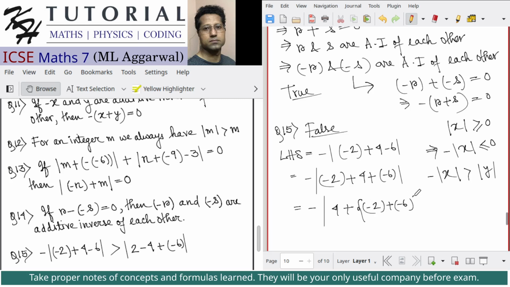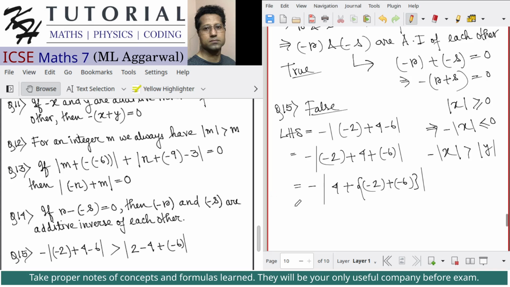That is, we will separately add the negative integers and the positive integer. So this is equal to negative of absolute value of 4 plus, how much is minus 2 plus minus 6? It will be minus of 2 plus 6.